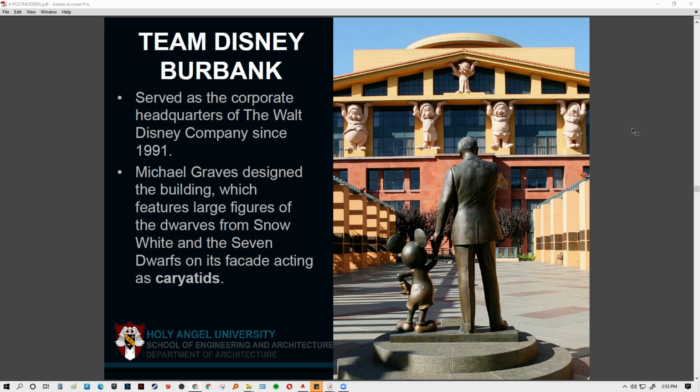It has the timber and the gable roof, then a dome-like space along the crossing, then different colors, different finishes or textures in order to give distinction to the structure.